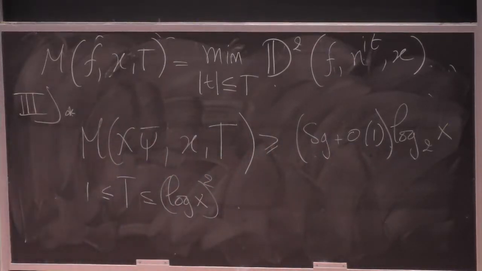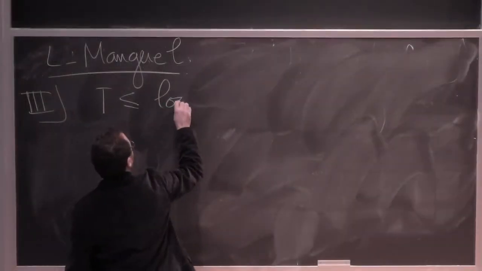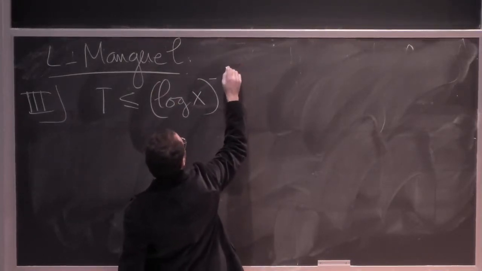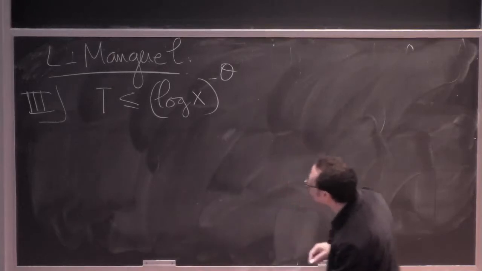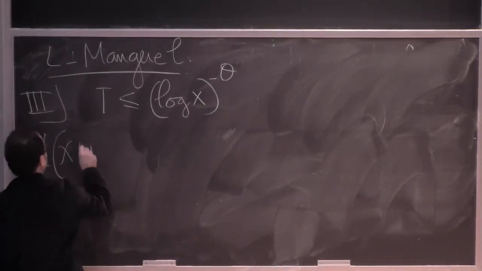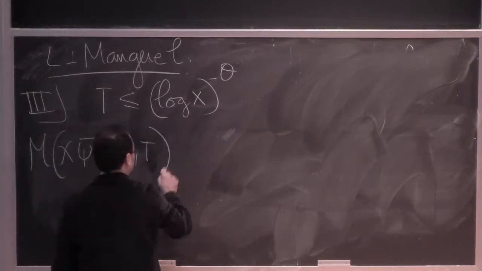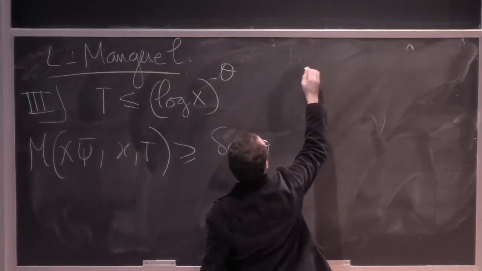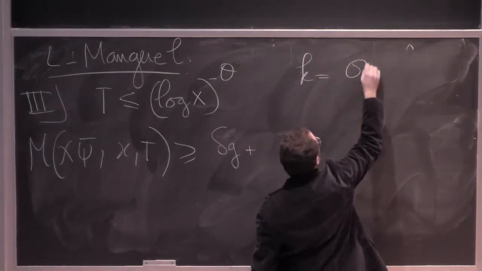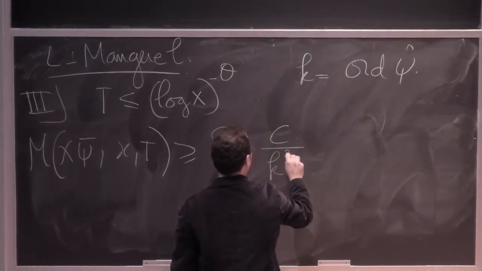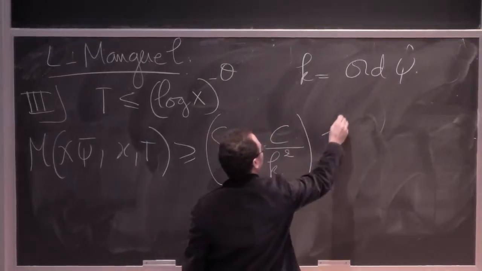So what we proved is that if you take t bounded by something really small, like (log x) to the minus theta, let's say, then you can recover an additional factor which depends on the order of psi. So some constant here that depends on all these parameters over k log 2.